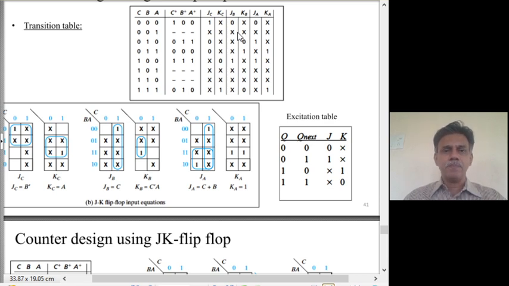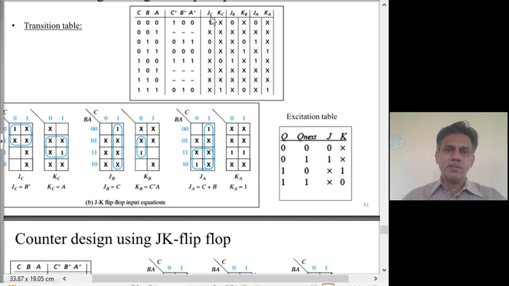That's the idea. So to find JA, KA, JB, KB and so on, we make use of this excitation table. We will show only for JC and KC first. In a similar manner you can look for JB, KB and JA, KA.